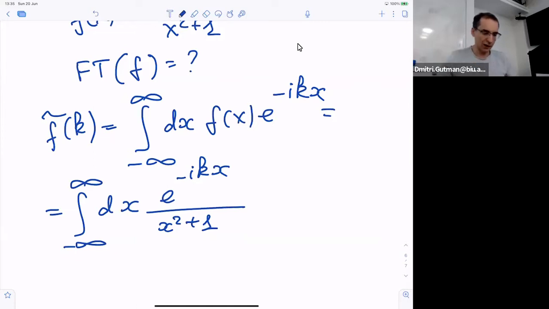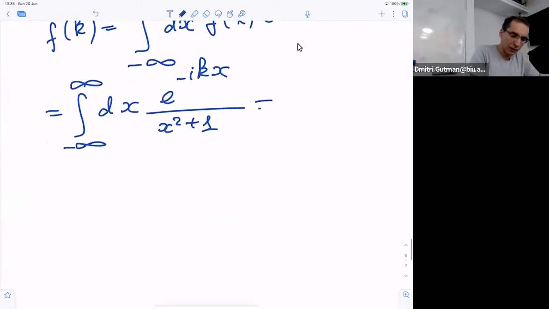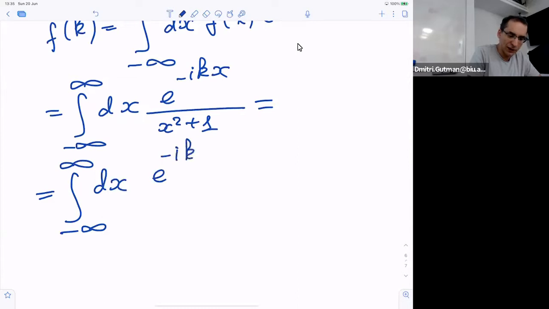Exactly, yeah, that's what we do. We just look at its structure on the complex plane, and that structure is pretty obvious: e to the minus ikx over x plus I times x minus I.